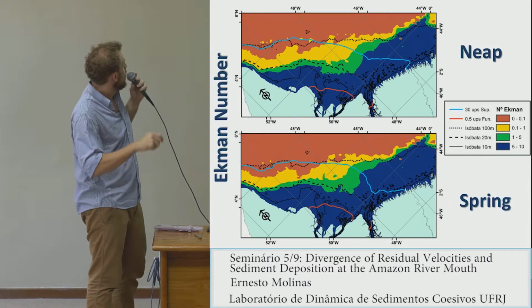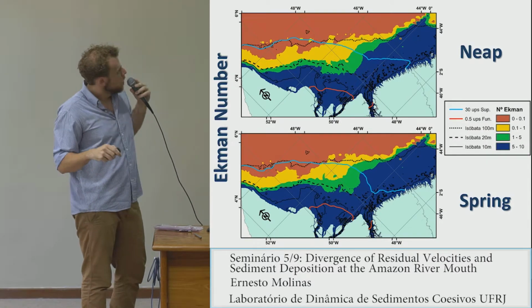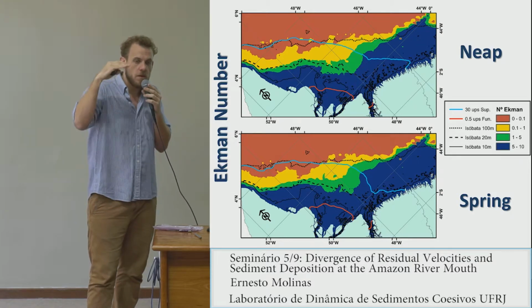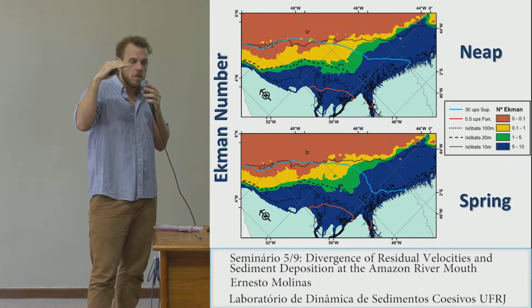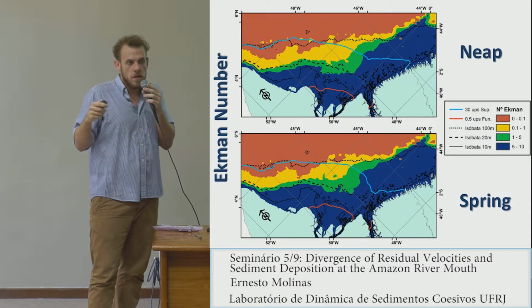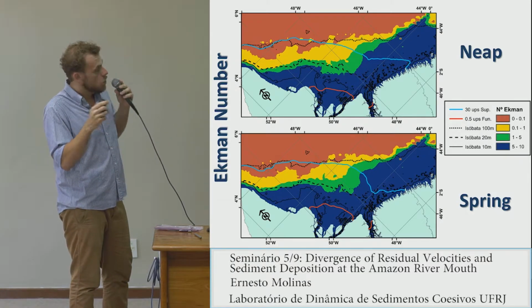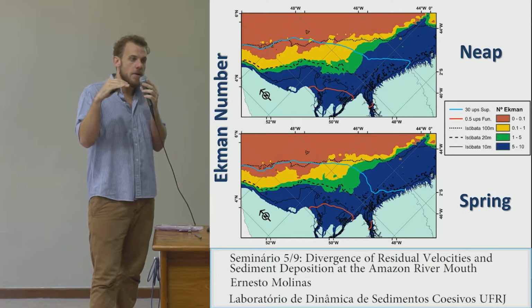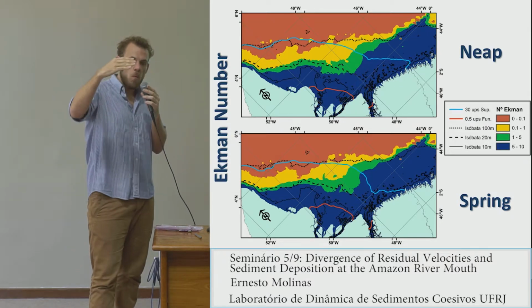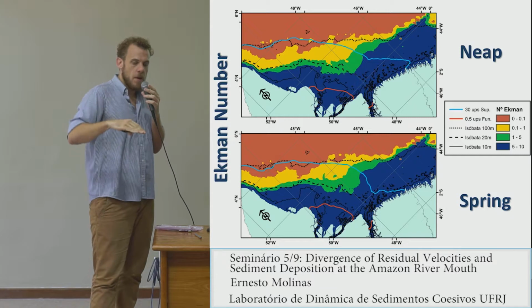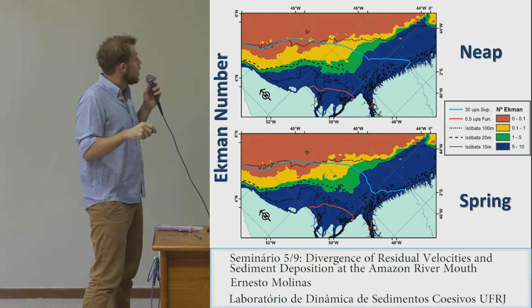So I started looking at the Ekman numbers to understand if the vertical viscosity suppression is representative, and we found some correlation between the low Ekman numbers and this region where the depths of the platform are greater.